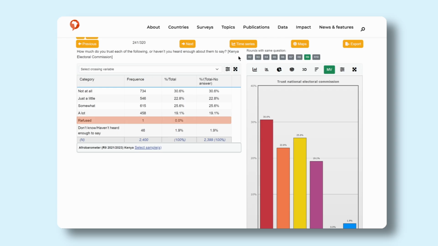One person refused to answer, and 46 people, or 1.9%, said that they don't know or haven't heard enough to say. You might notice that the third and the fourth columns, percentage and percentage total minus no answer, show the same values. This is because in our example, only one person refused to answer, which is 0.04% of the 2,400 total.